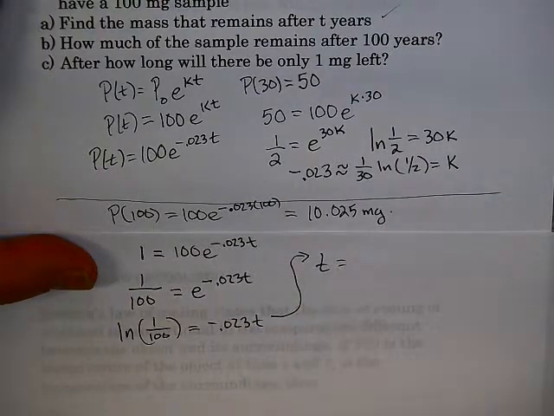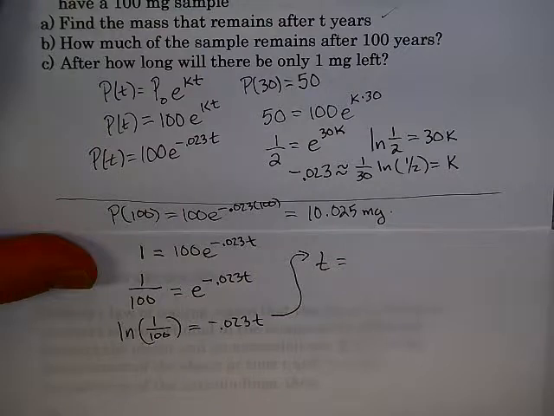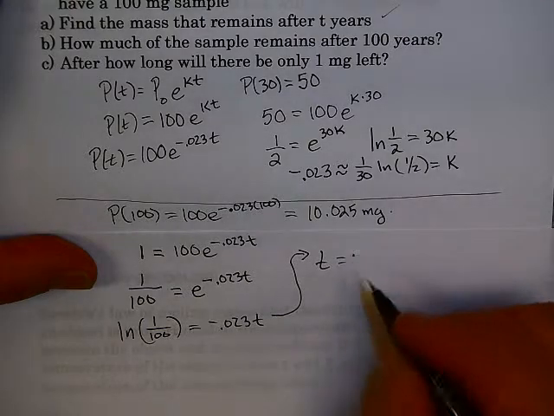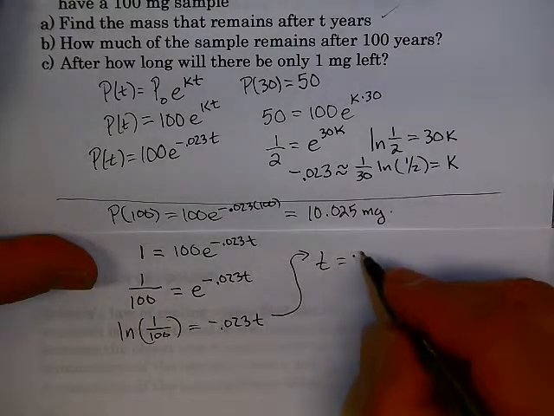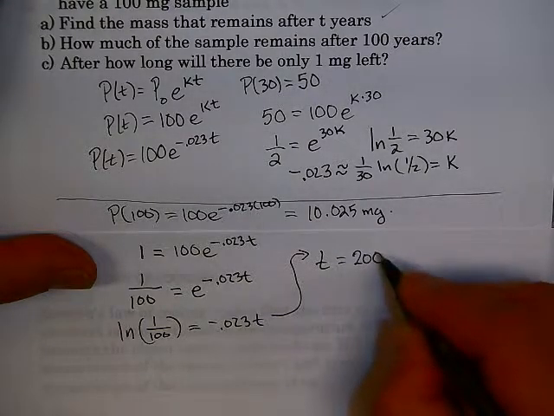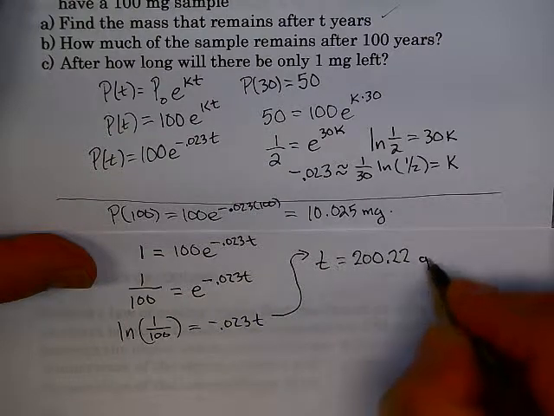So t is 1 divided by minus 0.023 times ln 1 divided by 100. And that's going to equal about 200 years, 200.22 years, for you to solve that equation.